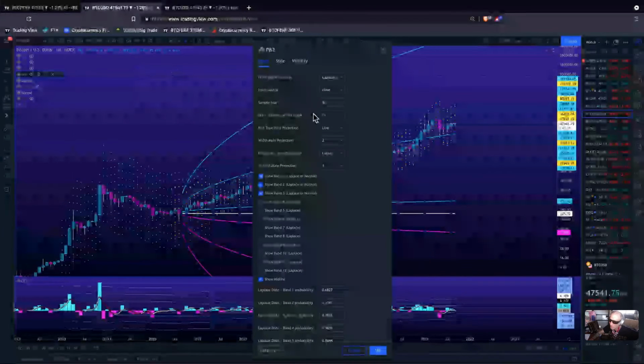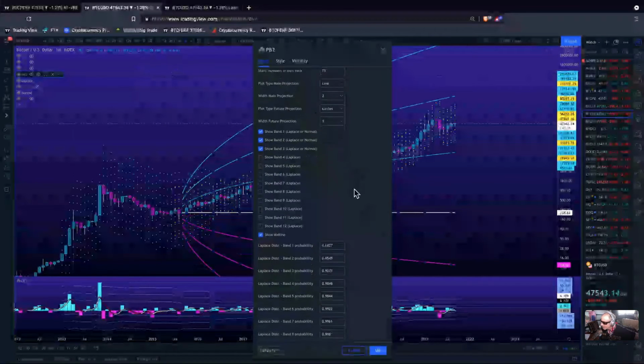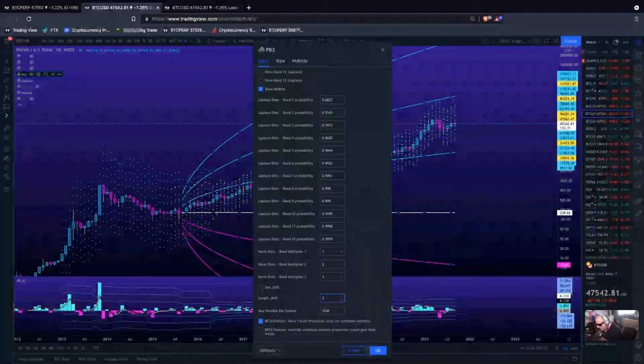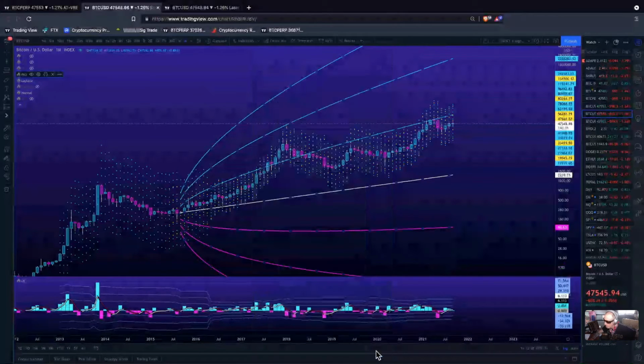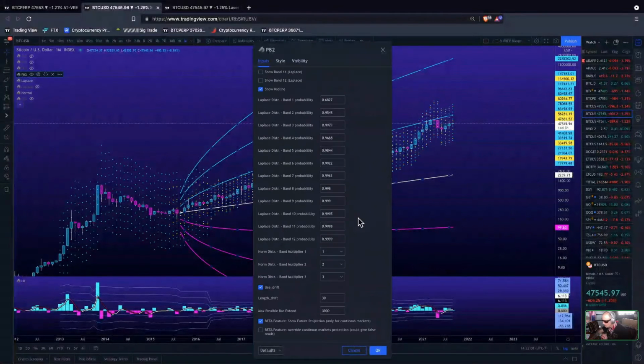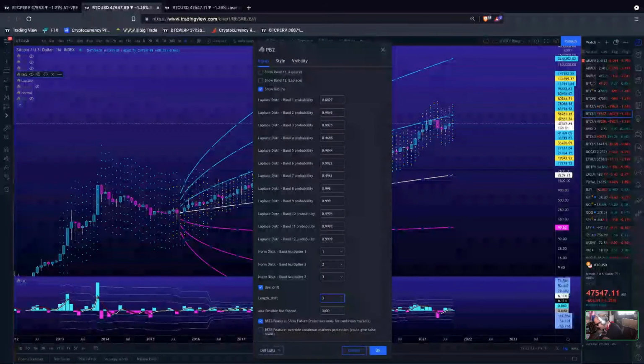Projecting. Didn't that wick on normal distribution? Yeah, there we go. If I remember correctly, those wicks hit that to the T.